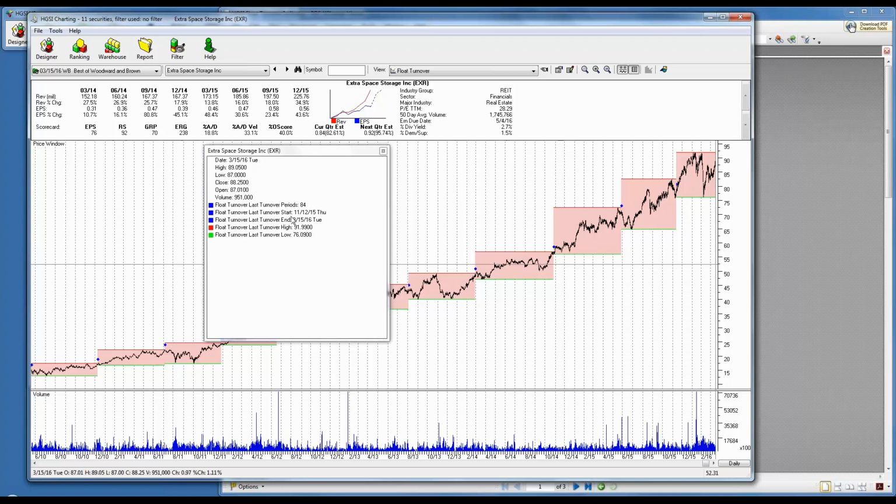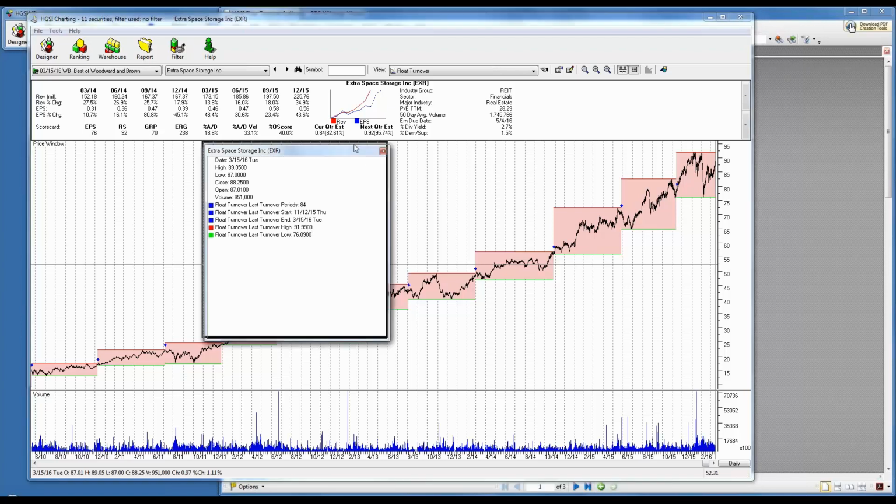And you can see in the data window how long the last turnover period was, when it started, when it ended, and what the high and the low value for that day was.